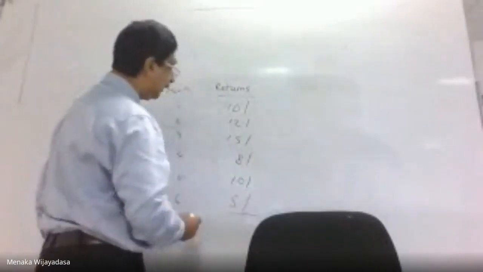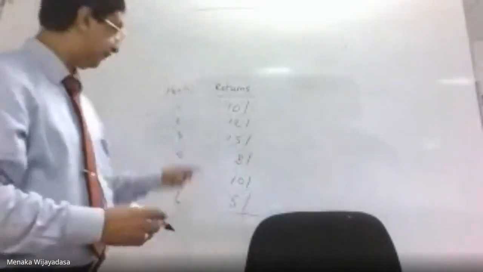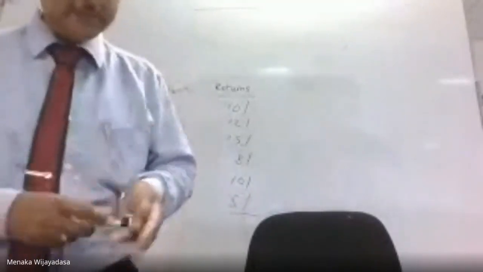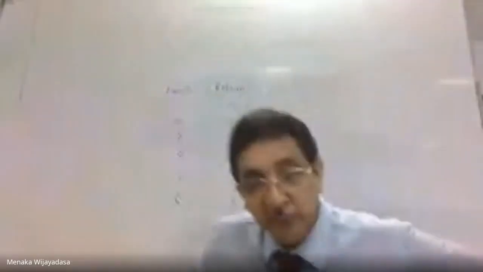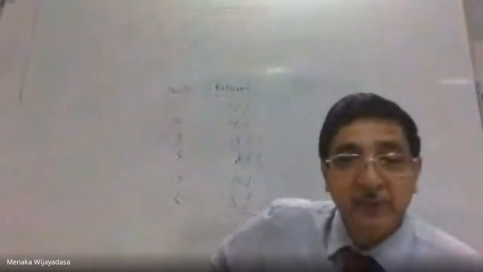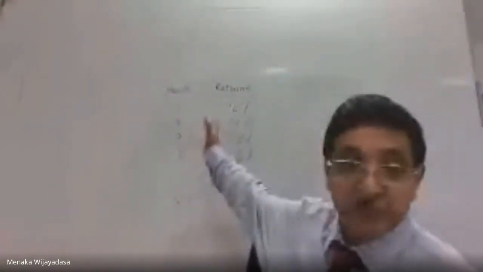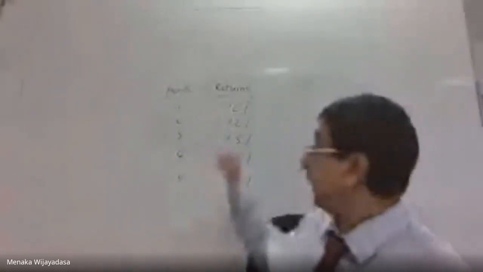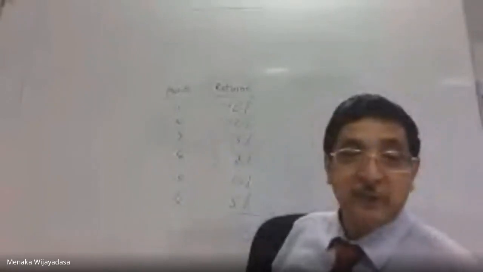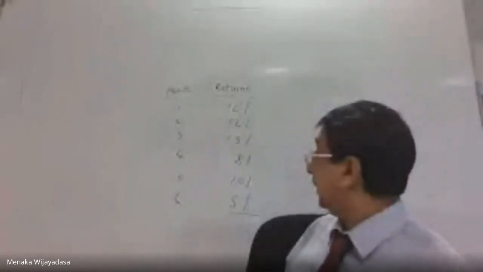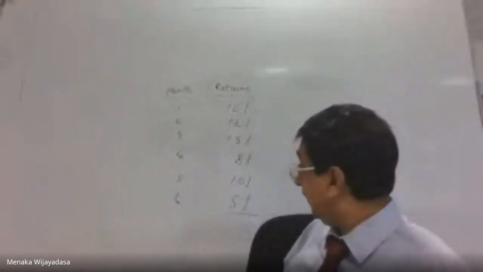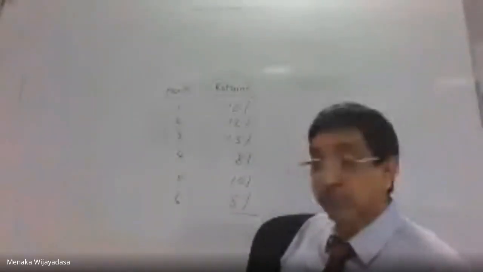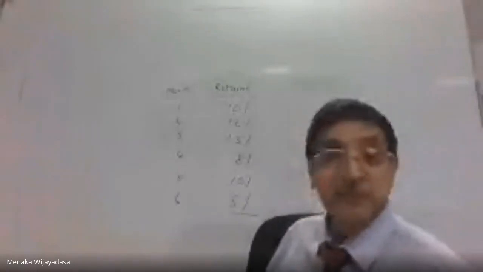Now these are the returns for 6 months. What is the difference here? The difference is we have not gone through any probability. We have gone through the historical figures for the last 6 months, the branch returns. In the first month, there was a return of 10%. In the second month, 12%. Third month, 15%. Fourth month, 8%. Fifth month, 10%. And sixth month, 5%.